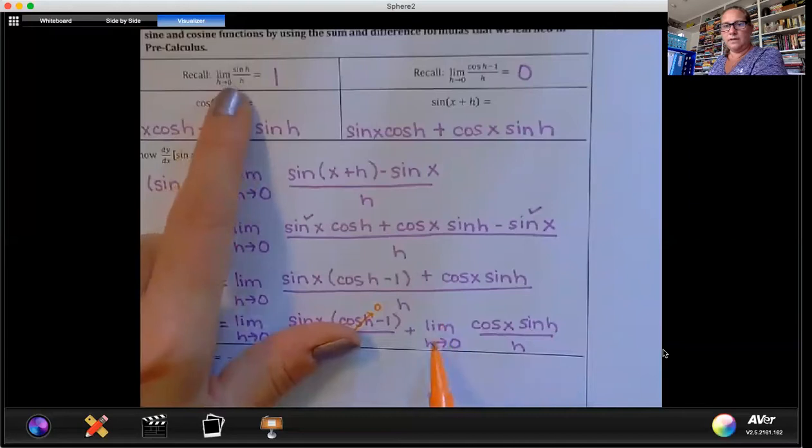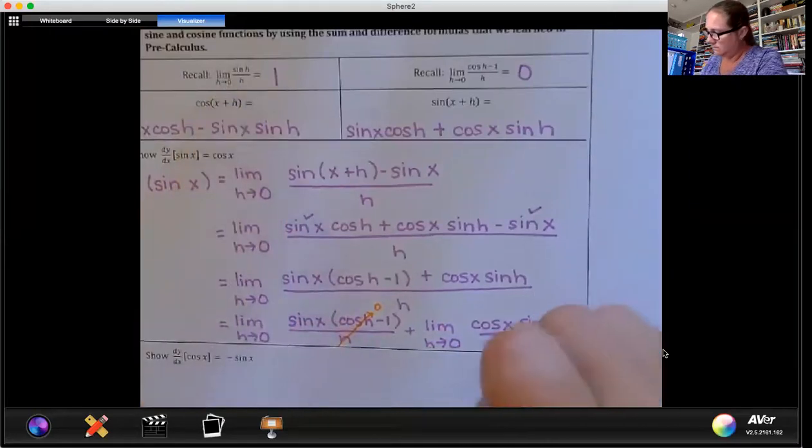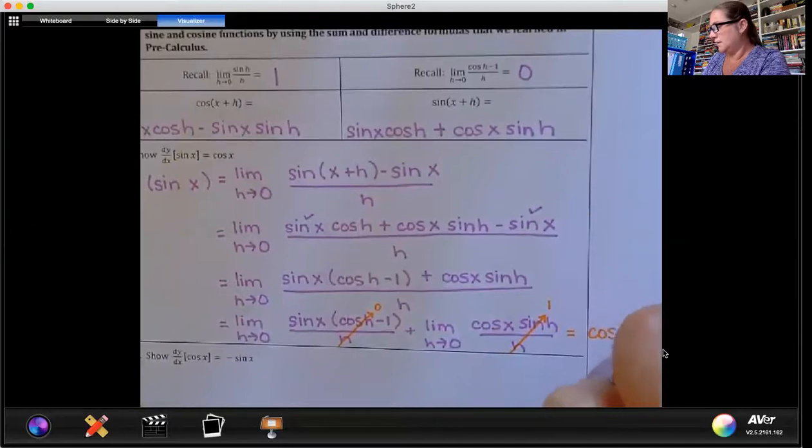The limit as h approaches 0 of sine of h over h is 1. And 1 times cosine x is cosine x. So there's your proof. If you would like to try to do that for part B on your own, feel free to pause the video.